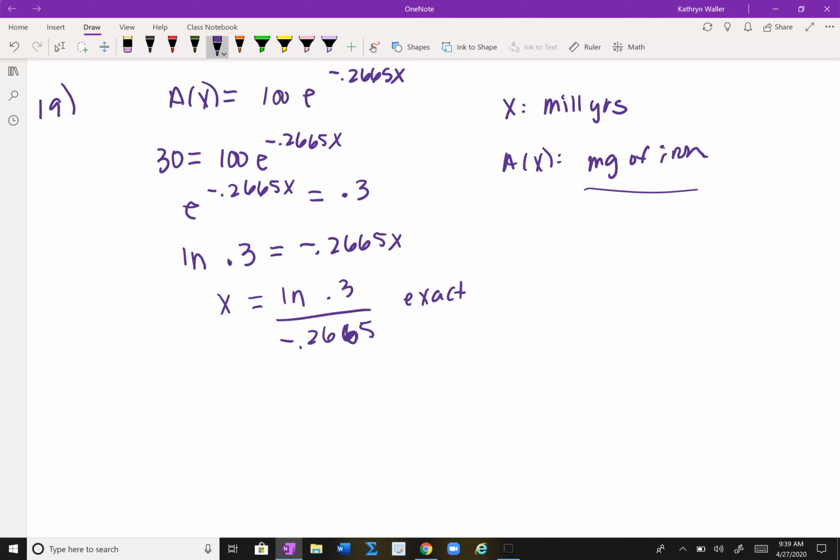So you go ln 0.3, close it, divided by negative 0.2665, enter, and you get, actually I'm not going to even put x equals, I'm going to go 4.52, and this would be how long, right? And it was in x, so million years. That's it.